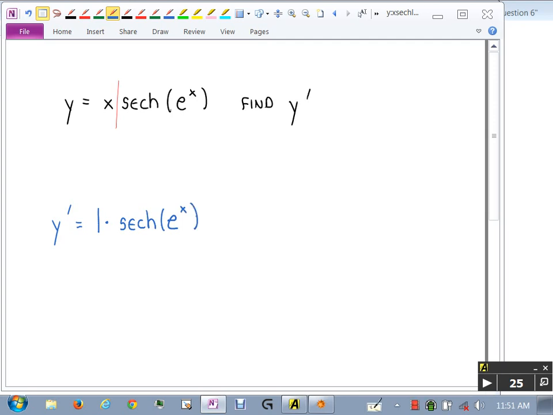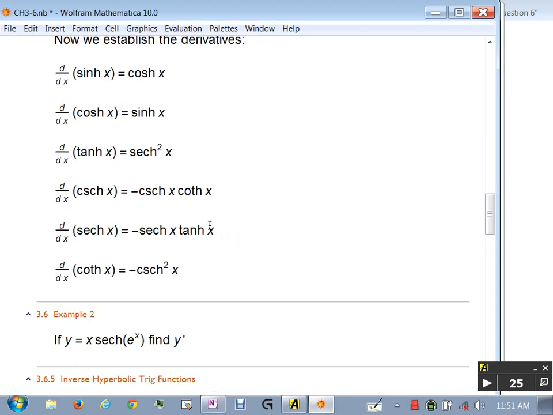And then plus, what is the derivative of secant hyperbolic of e to the x? So according to this, derivative of secant hyperbolic of x is what? Negative secant hyperbolic of x, tangent hyperbolic of x.